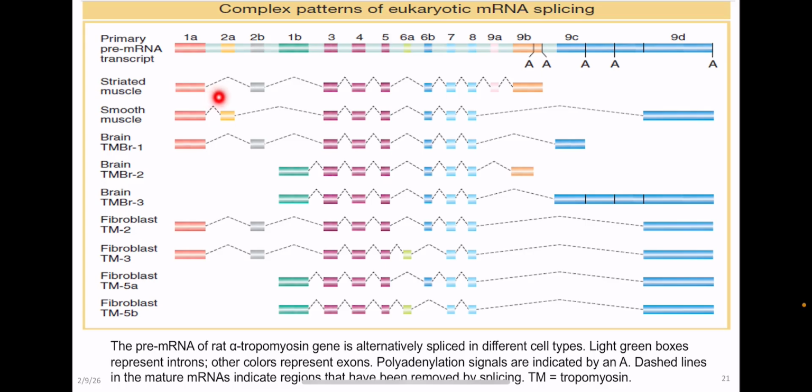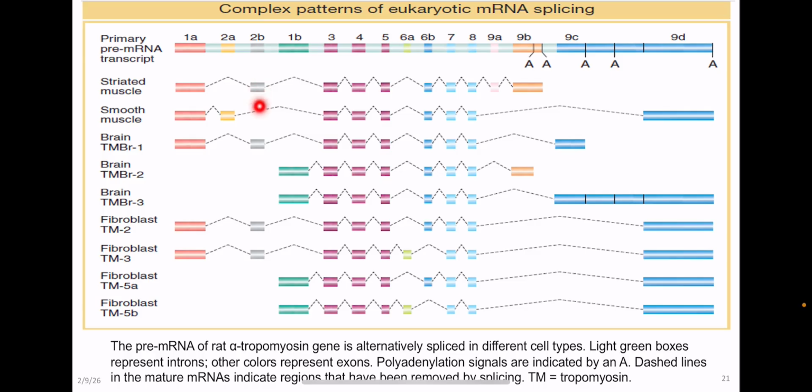If we take the smooth muscle and the striated muscle mRNA, you realize even though they all stem from the same mRNA strand, they don't have the same exons. They might have similar ones, but not all are equal. They all have 1A, but the striated muscle does not have the 2A exon, but this one does.